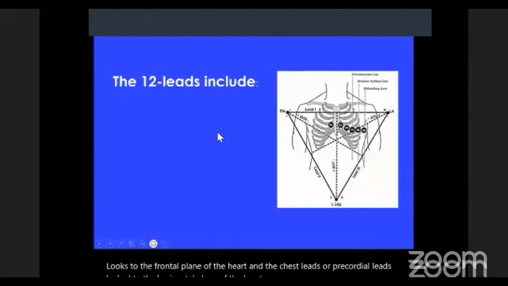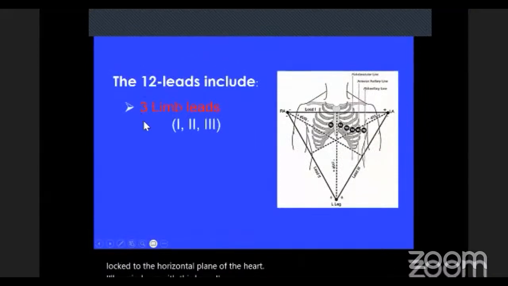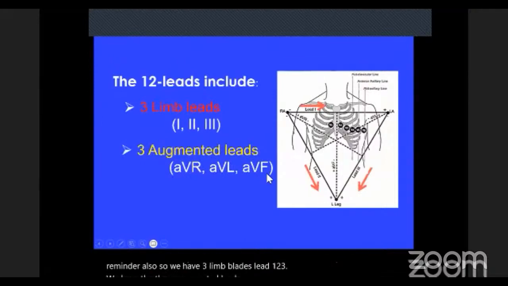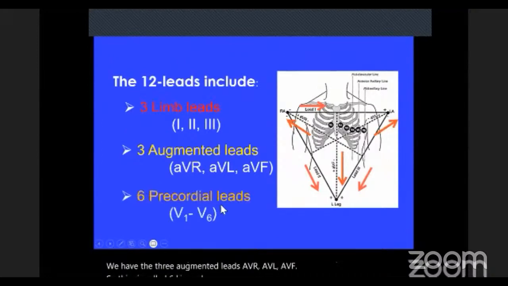I'll remind you of these leads, I'm sure you remember them. We have 3 limb leads, lead 1, 2, 3. We have the 3 augmented leads, AVR, AVL, AVF. These 6 are called the limb leads, and then 6 precordial leads, V1 to V6.